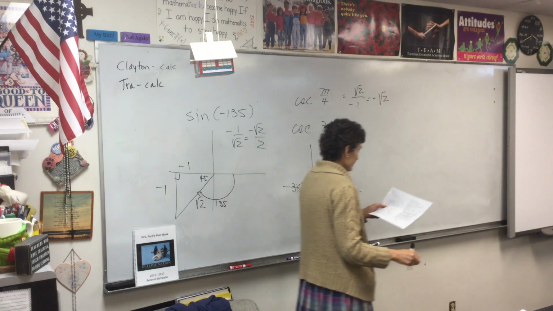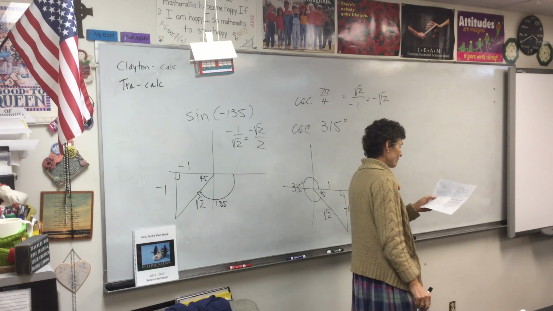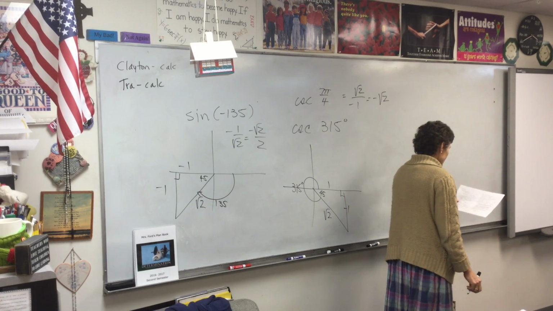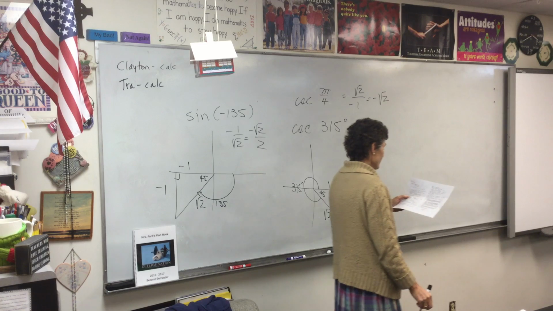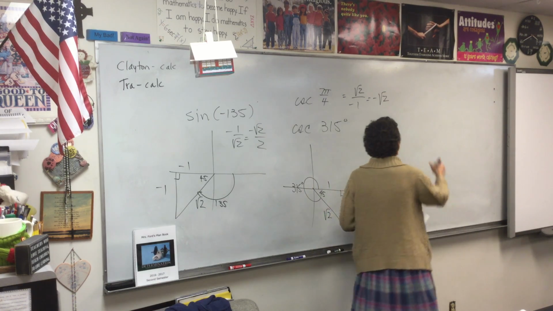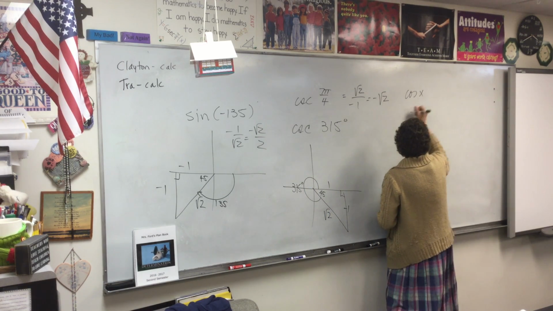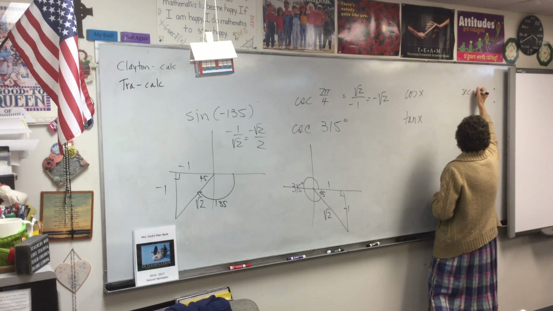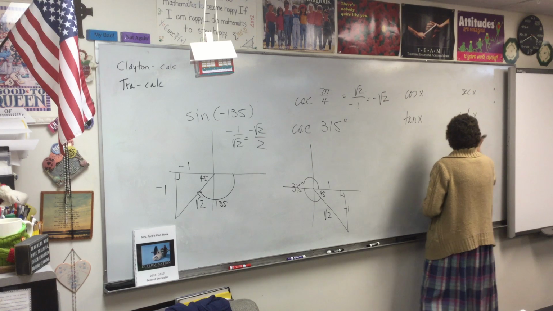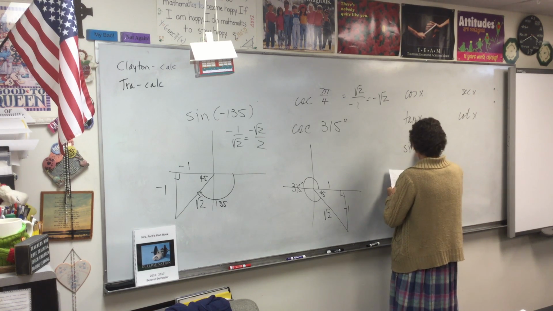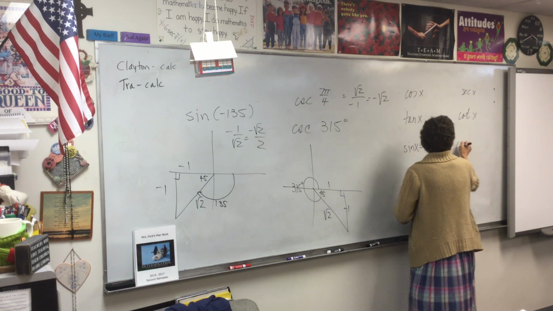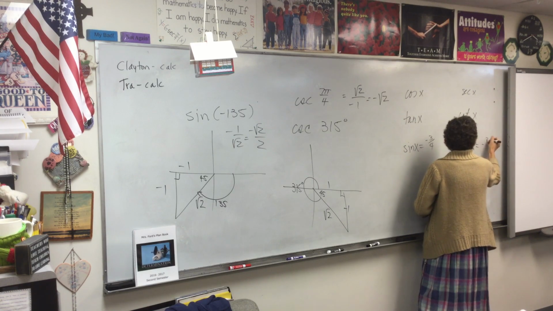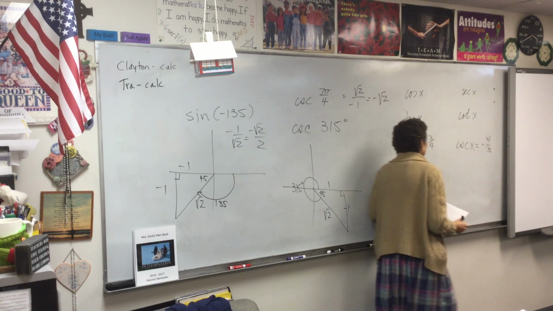Number 8. If the sine is negative 3/4 and 180 is less than x is less than 270, find the value of the other 5 trig functions. So we need to find cosine, tangent, secant, cotangent. And they told me the sine was negative 3/4, so I automatically know the cosecant is negative 4/3.